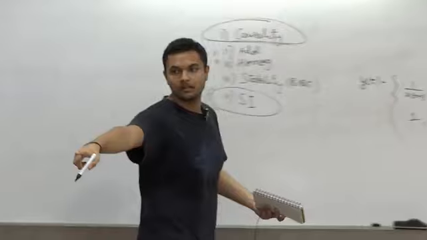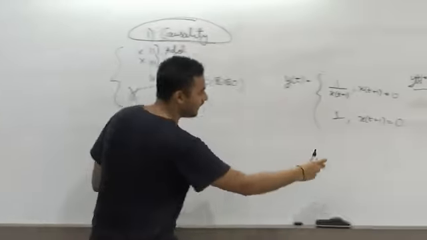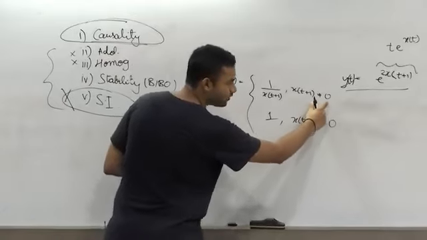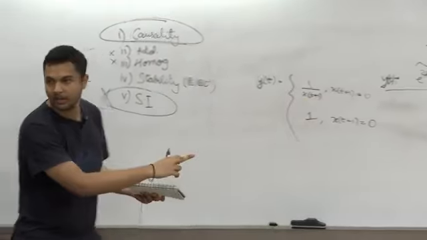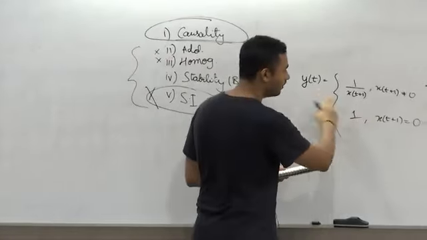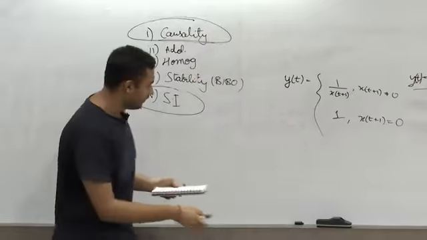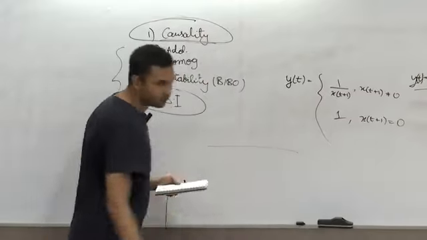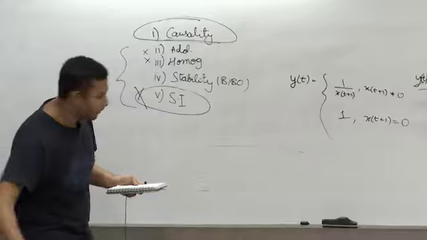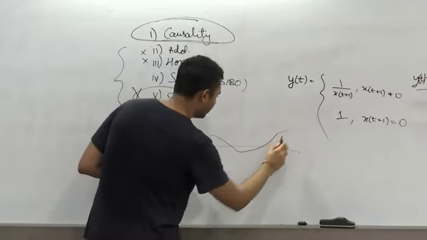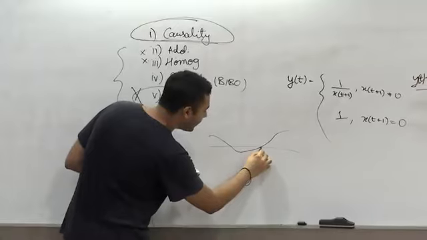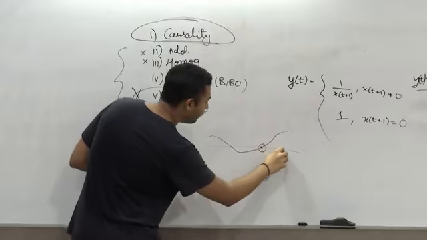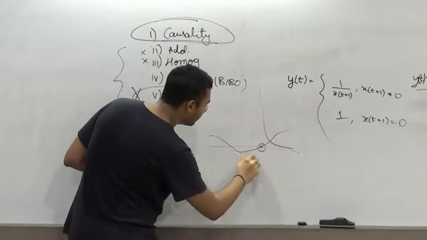Yes? No, so if x of t plus 1 tends to 0, then y of t grows unboundedly, right? I'm not talking about the value. Correct, but it will grow unboundedly now. If this is my x of t, near this, y of t will grow unboundedly now.